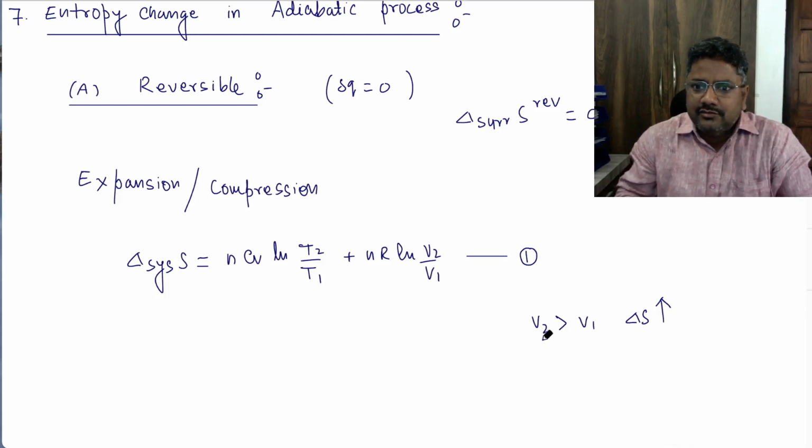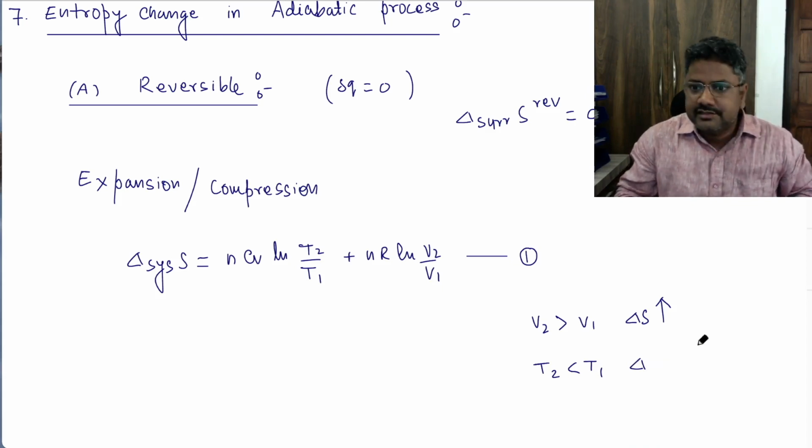But when V2 is greater than V1, definitely T2 is less than T1. So this time entropy change is negative, and the magnitude of both is equal.